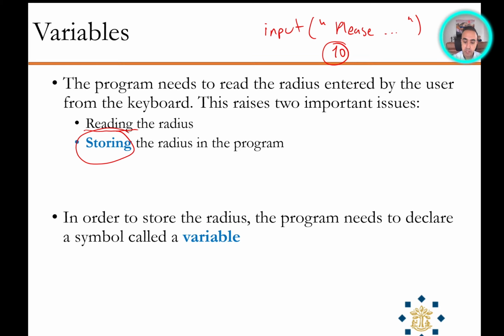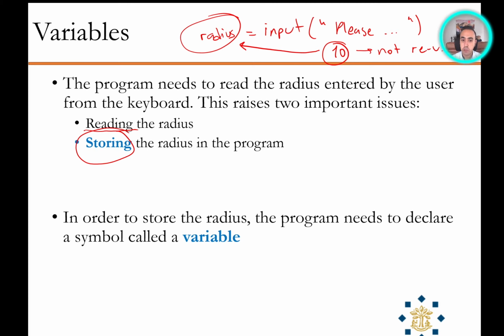Without assigning 10 to a variable called radius, this 10 is not reusable, unless you define a variable and then assign it there, okay?